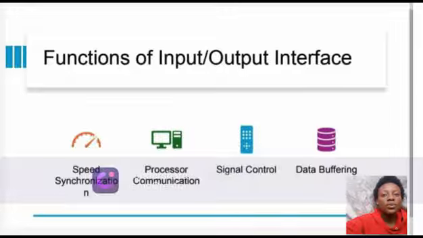It reports the current status and recognizes its unique address. Three, we have signal control. It generates and manages controlling and timing signals needed for data transfer, ensuring smooth communication between the CPU and peripherals.